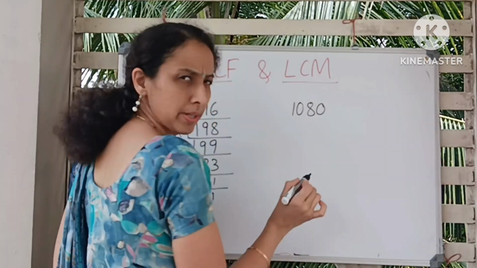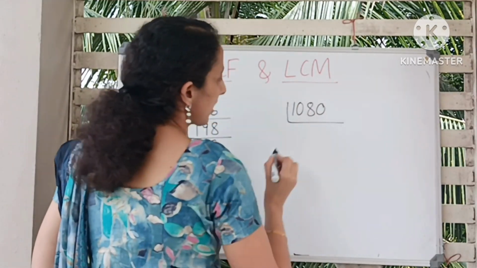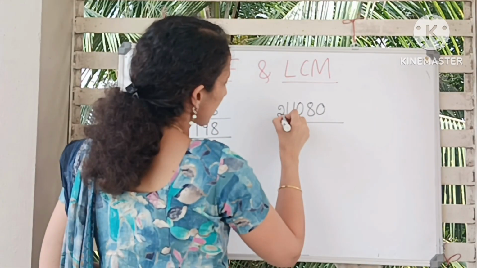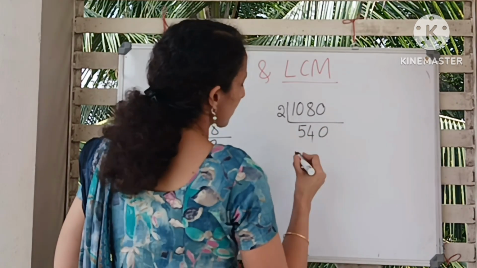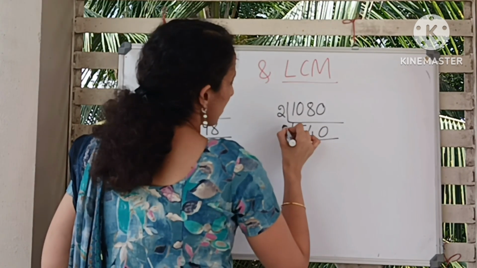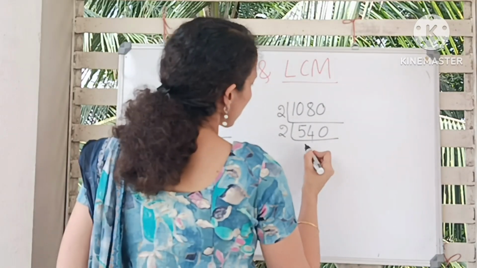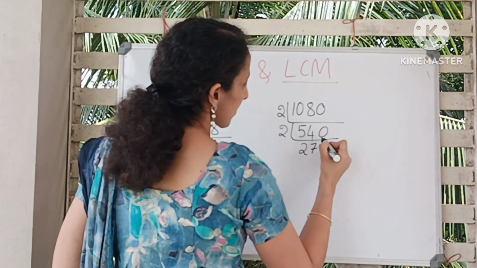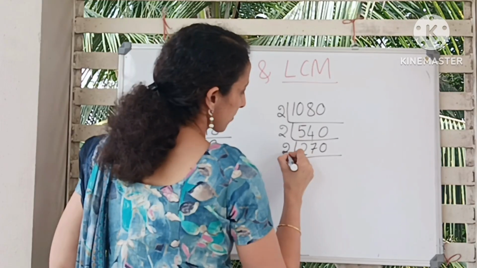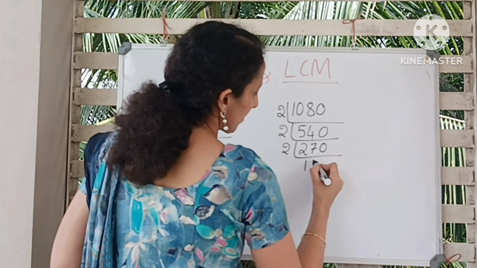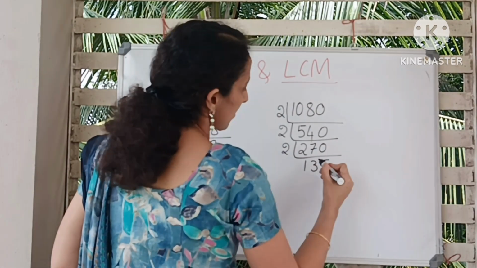Let us find the prime factors of 1080. Again this is an even number, so let me start with 2. 2 5s are 10, 2 4s are 8, 2 0s are 0. Again 2, 2 2s are 4, 2 7s are 14. Again it's an even number, so 2, 2 1s are 2, 2 3s are 6, 2 5s are 10.